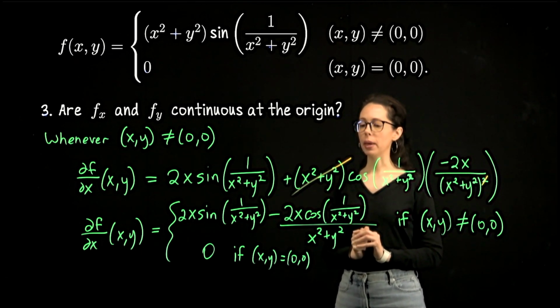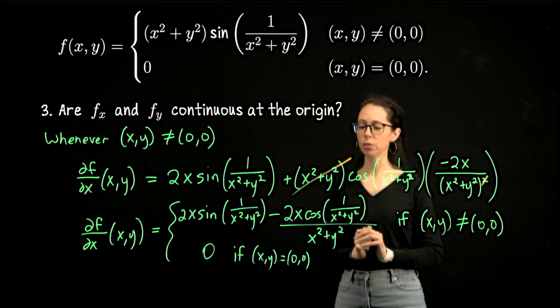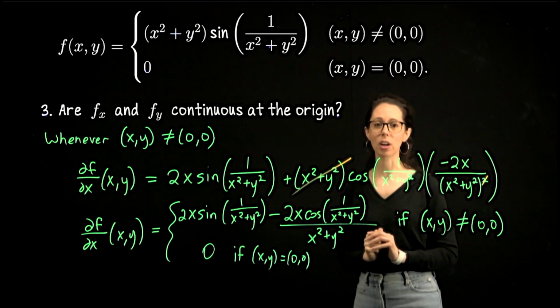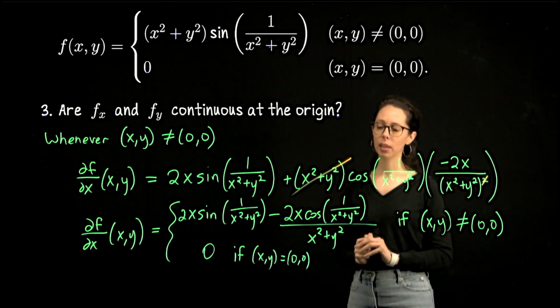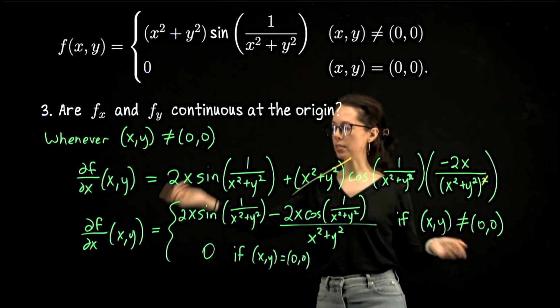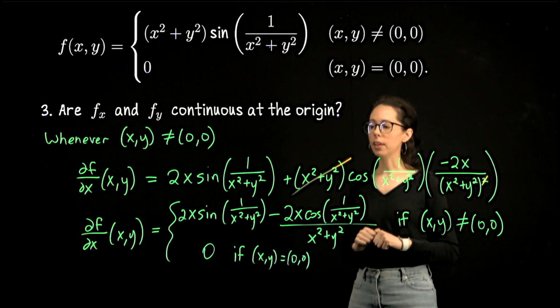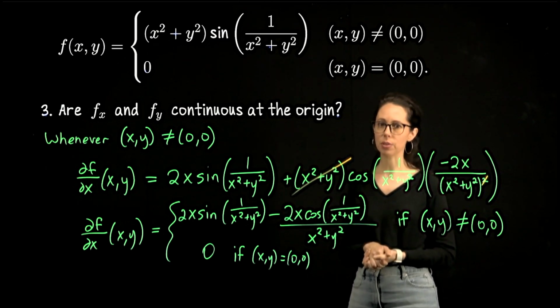The second remark I want to make is about more recent results. We proved that if the partials are continuous, so they exist and they are continuous functions in their own right, then the function is differentiable. So if we had said, actually, df dx and df dy are both continuous functions on R2, then we could conclude that this function is differentiable at the origin and its Jacobian matrix is 0, 0.